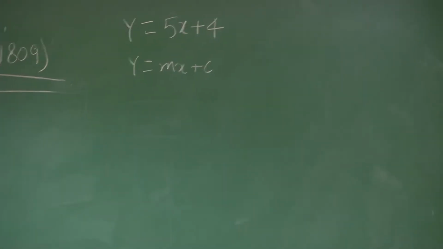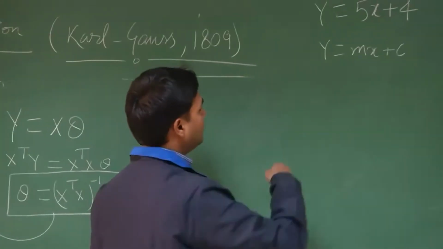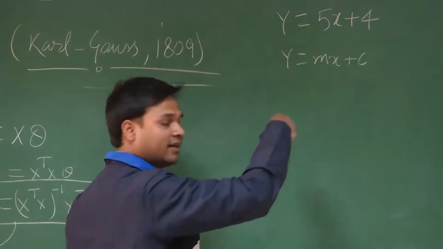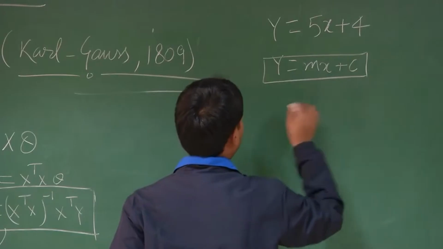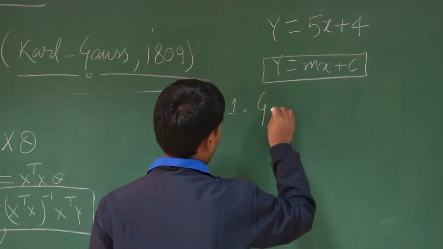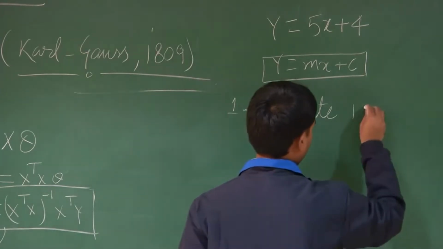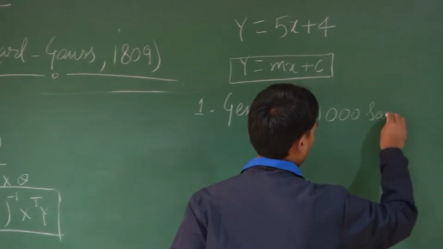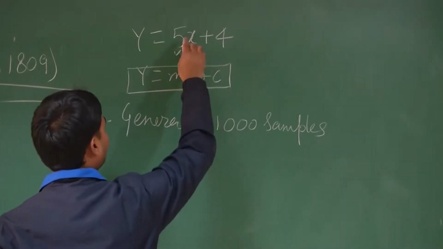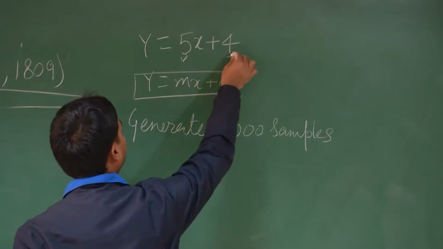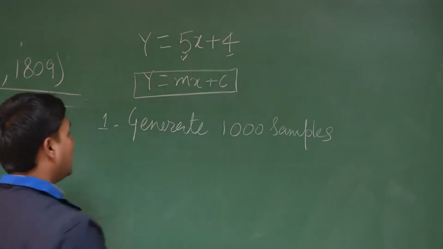To exercise this method, you first generate 1000 samples of data for this, because here we know the slope is 5 and intercept is 4. With y equals 5x plus 4, you take different values of x and get the corresponding y's.